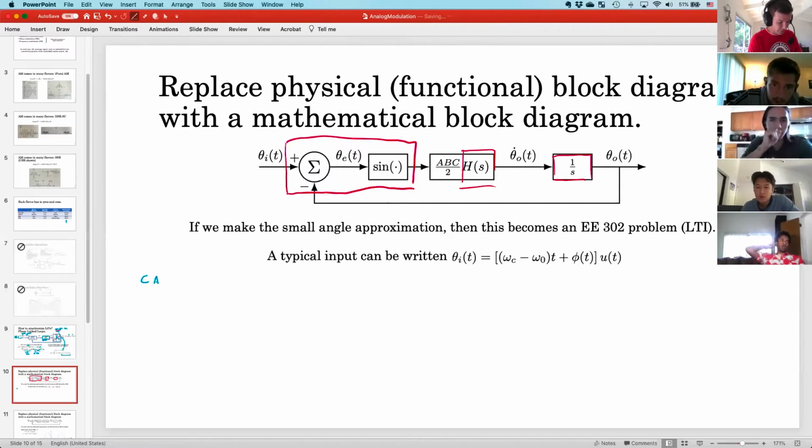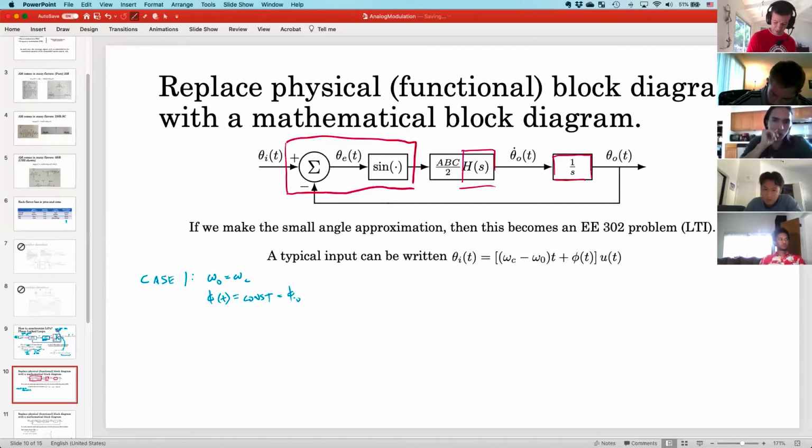So in case 1, let's let the two frequencies match, and let's let the phase offset be a constant. Let's call that phi naught.